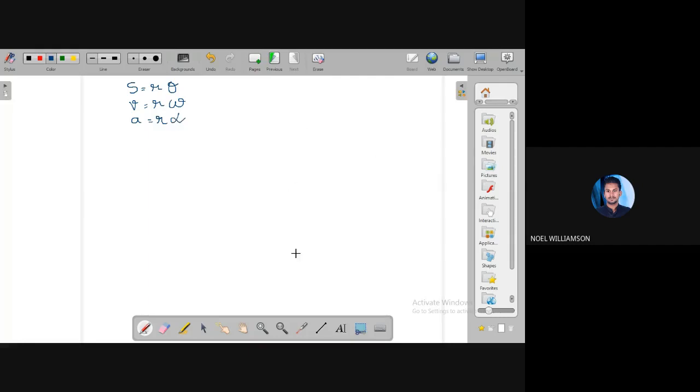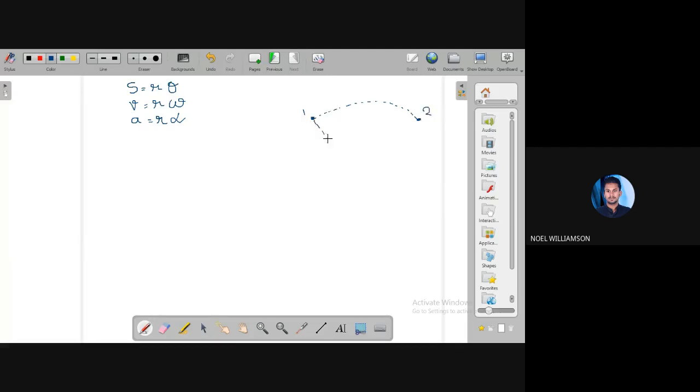Now this was the initial point 1. After a curvilinear motion, it reaches a point 2.